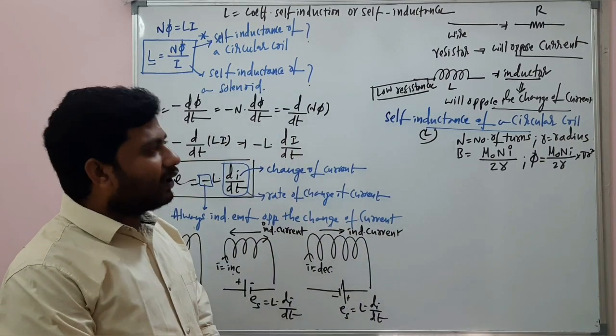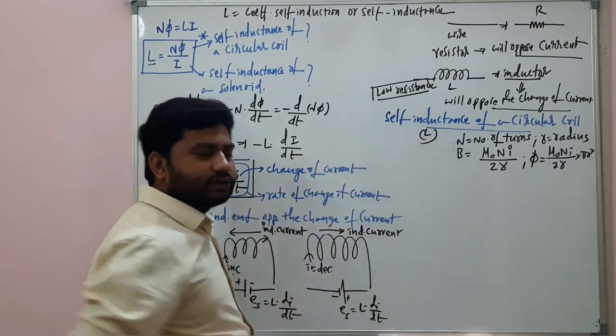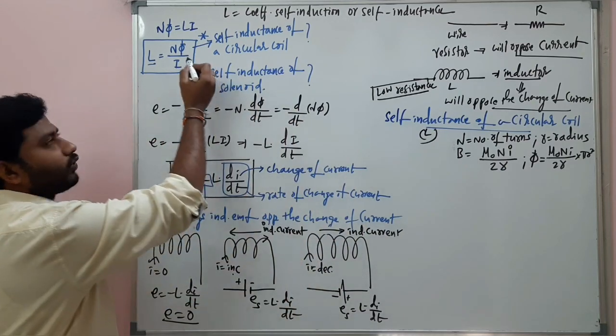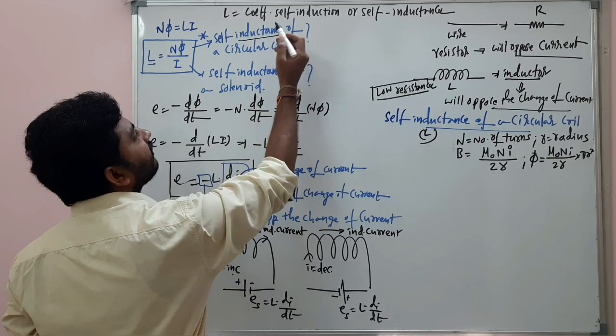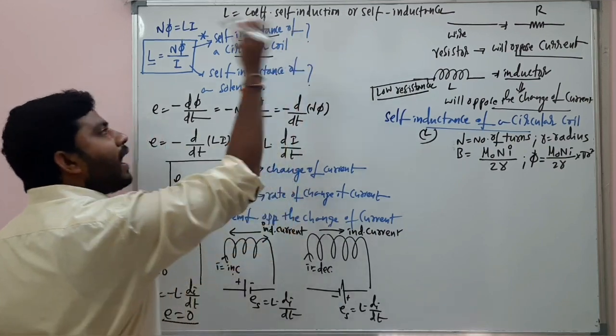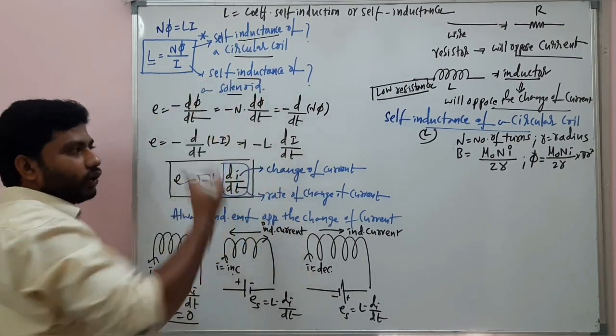Now, what is the formula for the self-inductance? I have told you here. This is the very important formula to be used to find the self-inductance of a circular coil and of a solenoid.